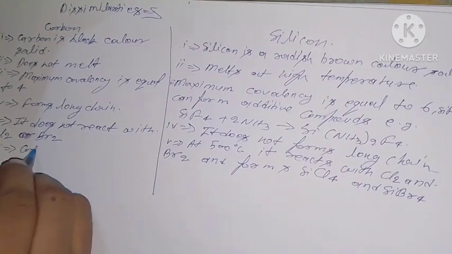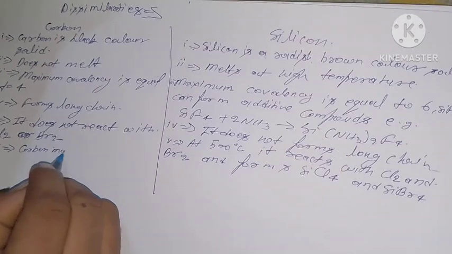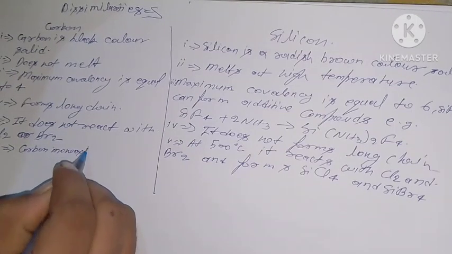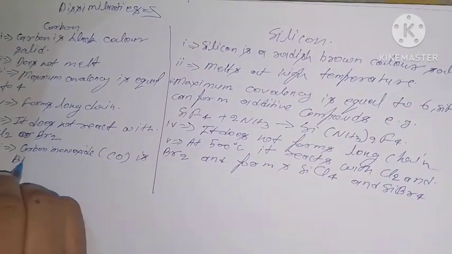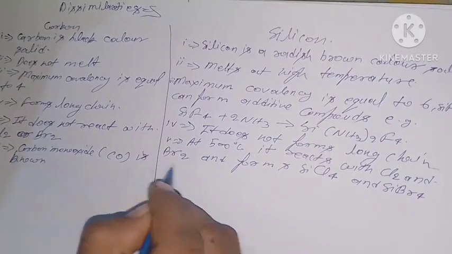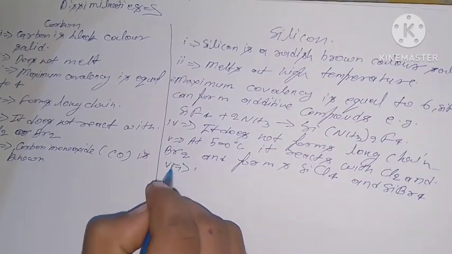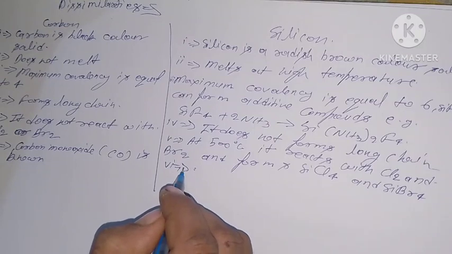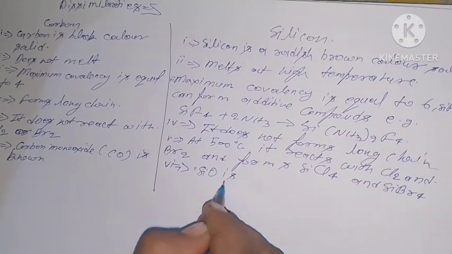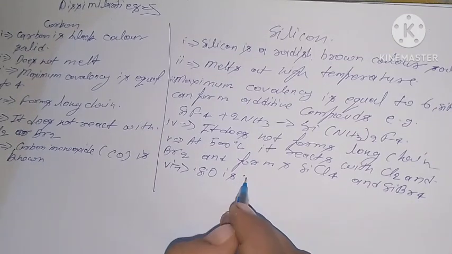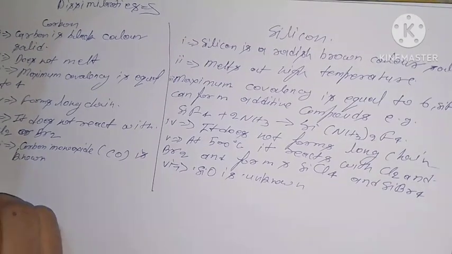Sixth point. Carbon monoxide CO is known, but silicon monoxide SiO is unknown. Seventh point.